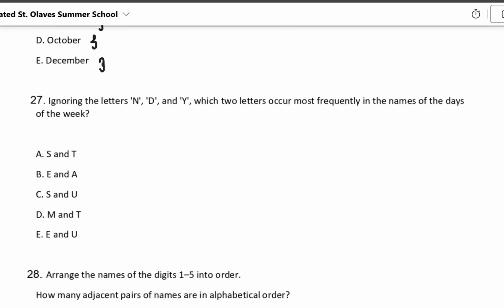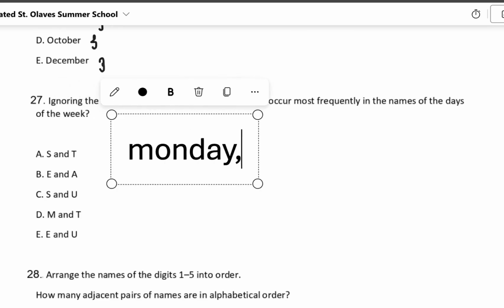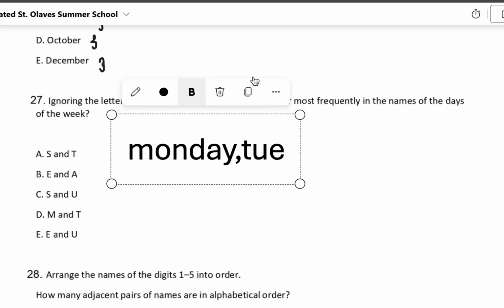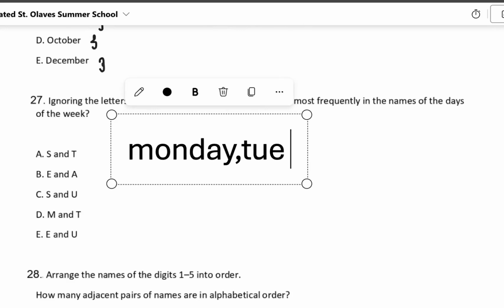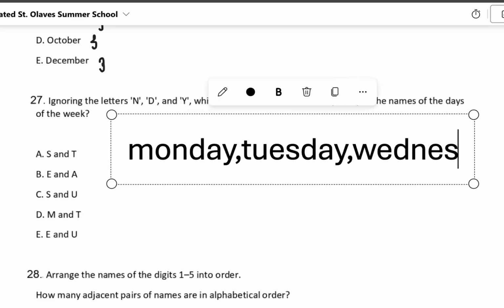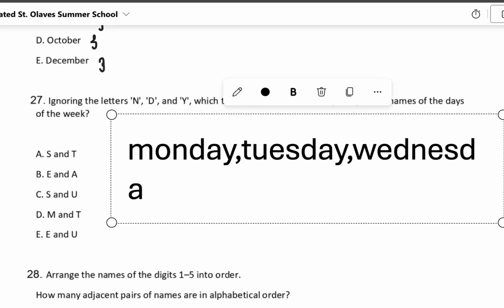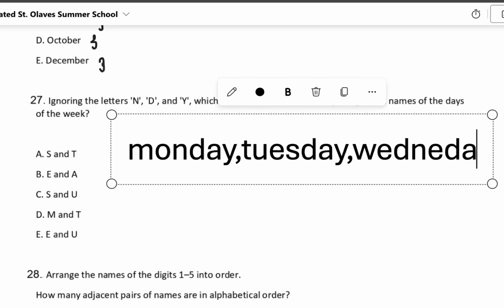So for this one, let's write out the days of the week. I think that would help us. Monday, Tuesday, which letters are we getting out? N, D, and Y. Wednesday. Actually, we can honestly just take out the end because... Oh, wait, we're not taking out.